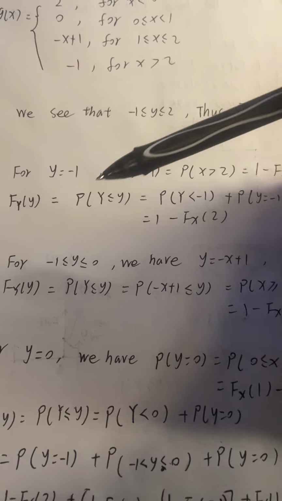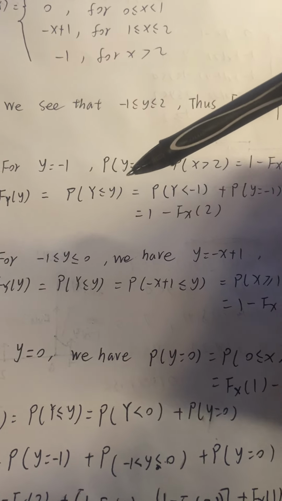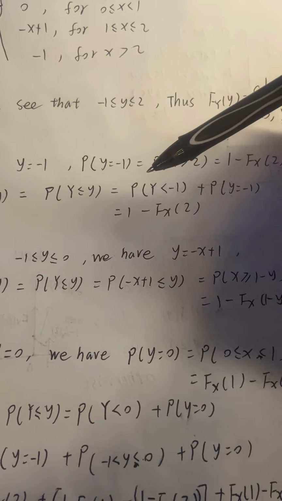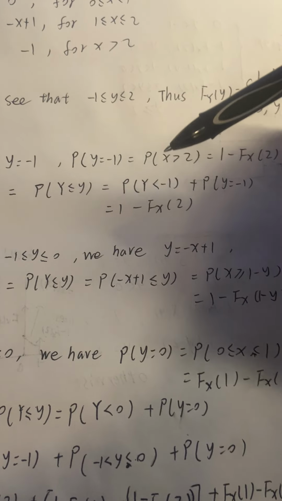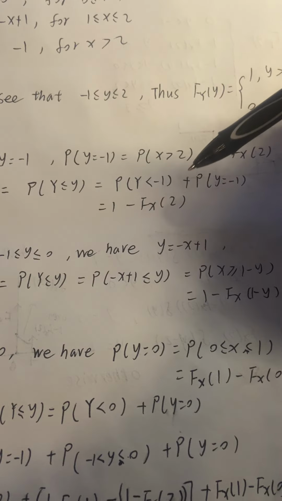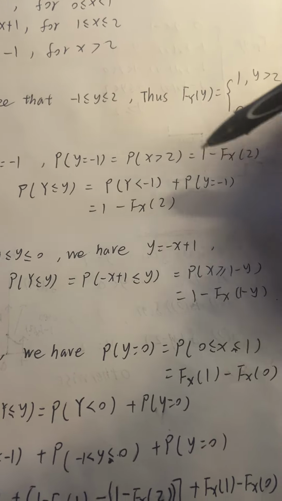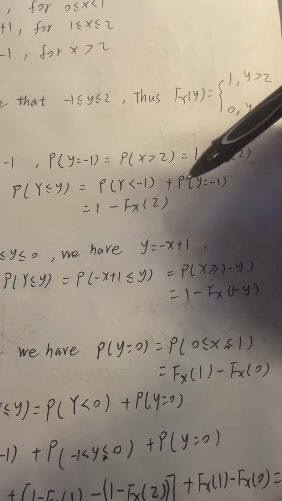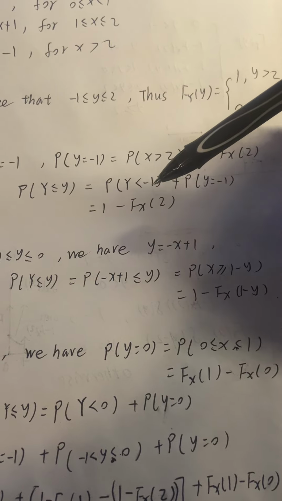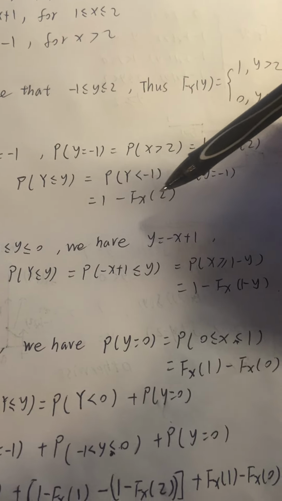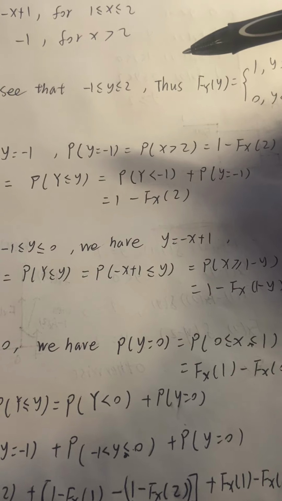So the distribution function can be revised as the probability of y less than -1 plus the probability of y equal to -1, and this term is 0, and this term is 1 minus F_X of 2. So the final result is 1 minus F_X of 2.